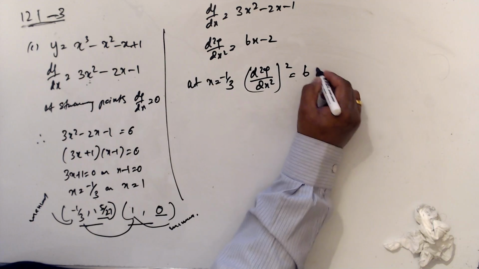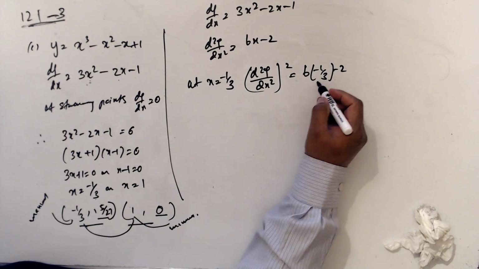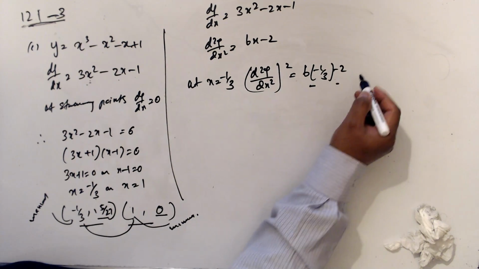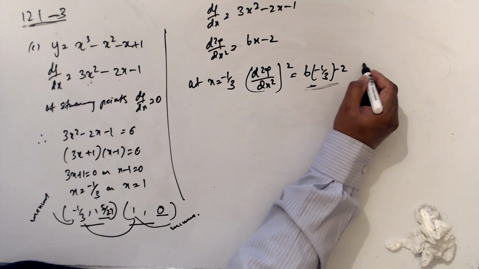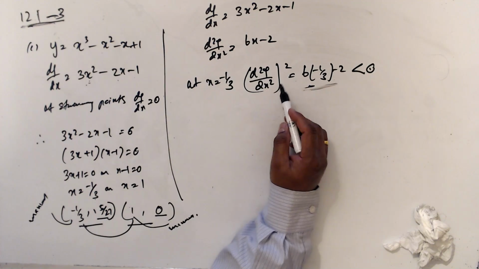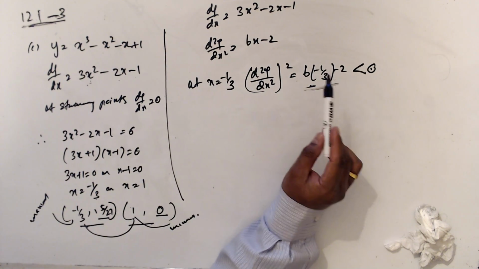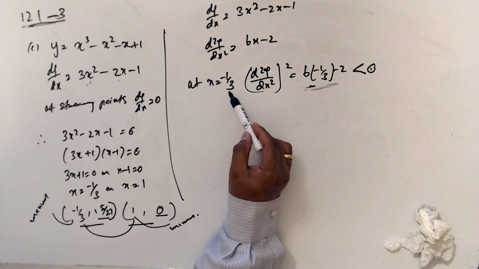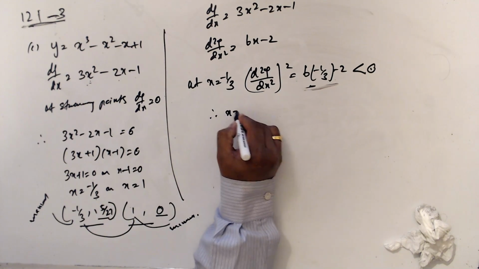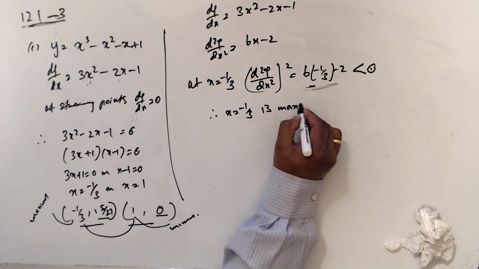That is 6 times minus 1 over 3 minus 2. We can see that this is a negative value. Hence, this is less than 0. Then, according to the theory we discussed, if the double differentiation is less than 0, then what is this stationary point? It is a maximum. Hence, x equals minus 1 over 3 is a maximum.